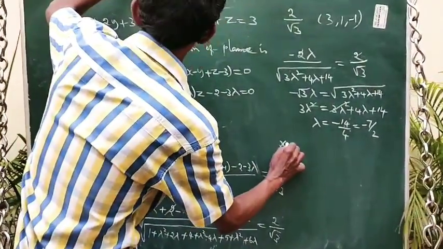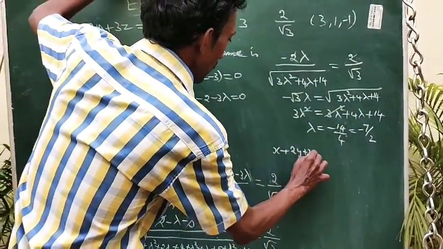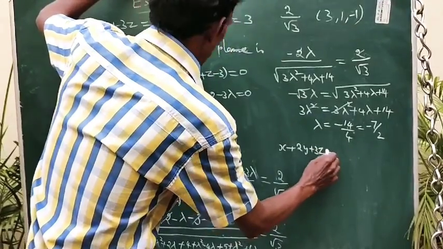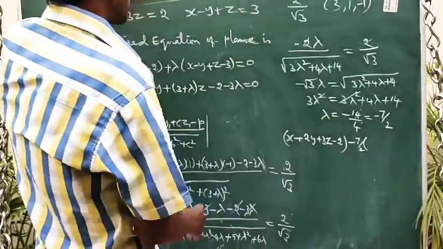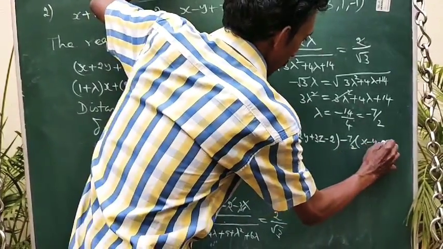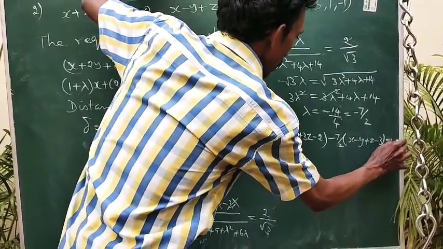So x plus 2y plus 3z minus 2, minus 7 by 2 into (x minus y plus z minus 3) equal to 0.